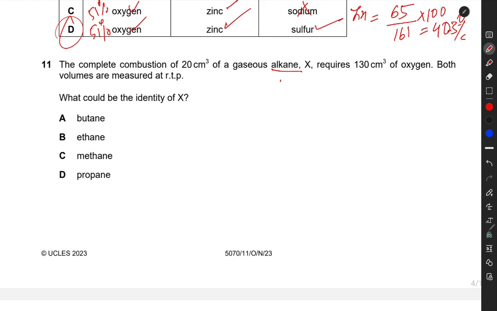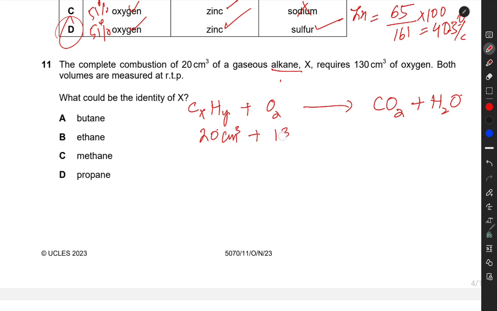What could be the identity of X? CxHy plus O2 to form CO2 plus water. 20 centimeter cube of gaseous alkane is 20 centimeter cube and this is 130 centimeter cube. So simplify these two volumes.